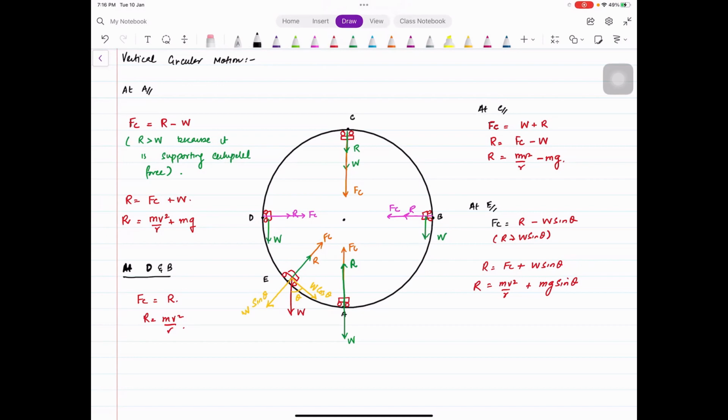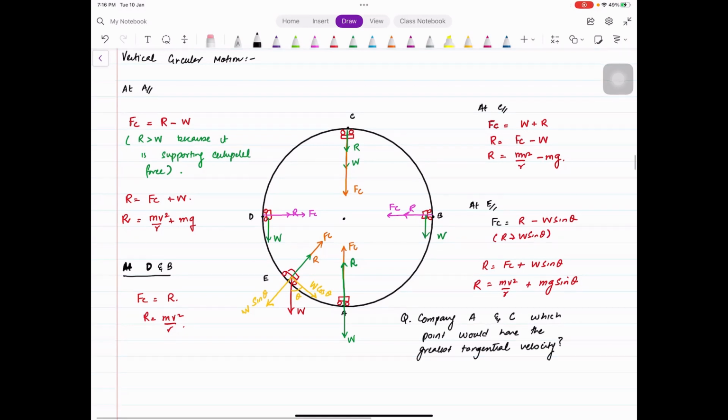Usually a question comes where they say, comparing A and C, which point would have the greatest tangential velocity.